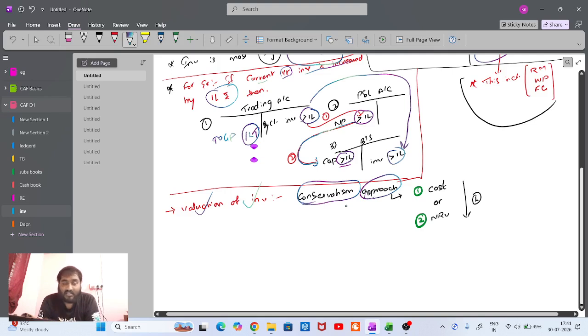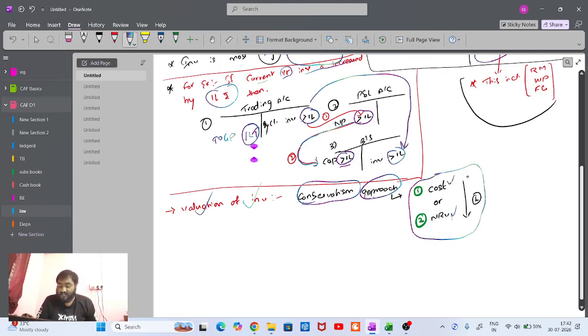Potential asset is not recognized, but potential liability, contingent liability, is recognized. Contingent liability is shown in the notes to accounts of the balance sheet. Provisions are shown somewhere in the balance sheet itself. So this is the formula for inventories. Cost and NRV, whichever is lower.